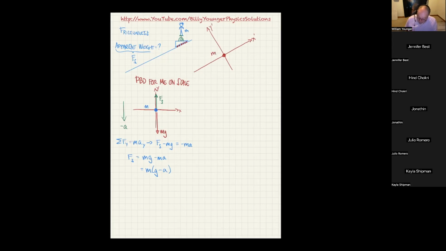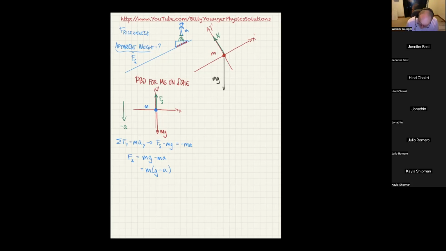Now, what I know is the only forces acting on this are the normal force and, of course, my weight due to gravity is pulling straight down. In that case, that's mg.